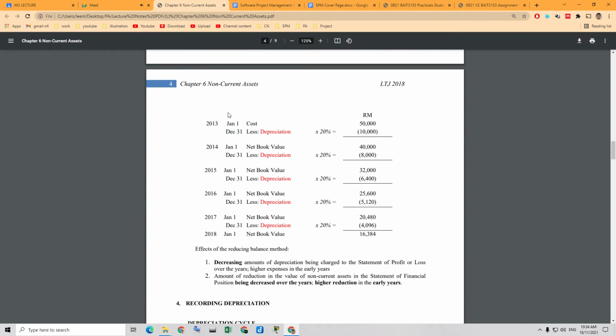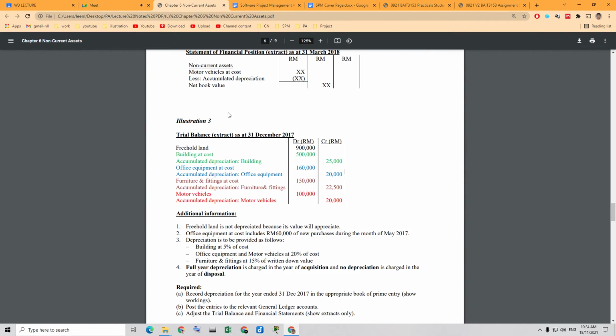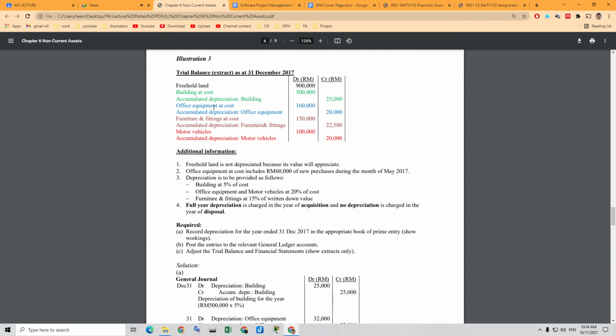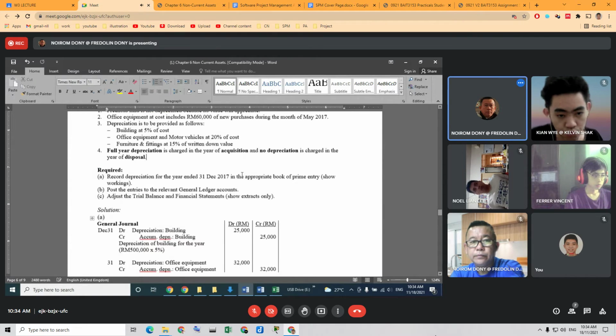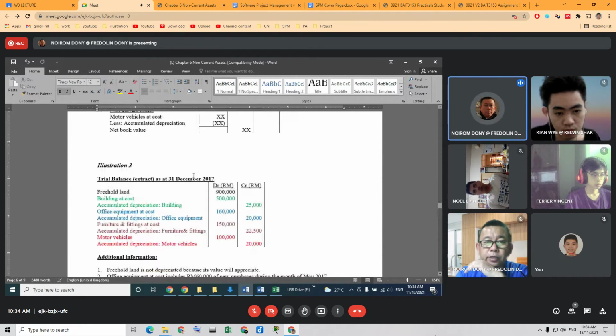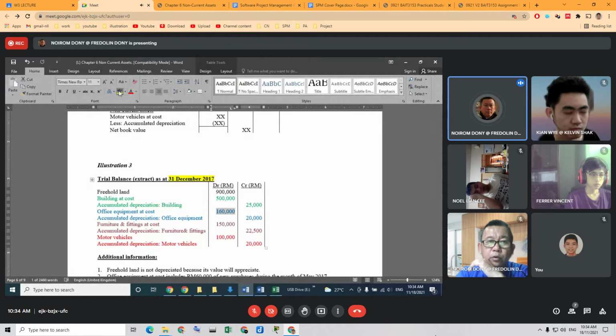But in the trial balance it is 160,000, as I've told you, because of the date of the trial balance. Look at the trial balance here. Because of this date, the office equipment here, 160,000, is already inclusive of the newly purchased.